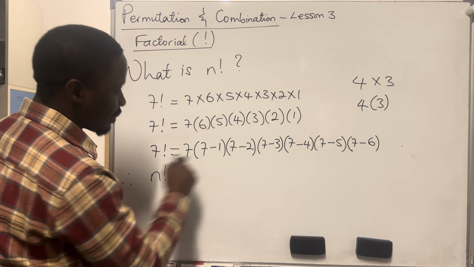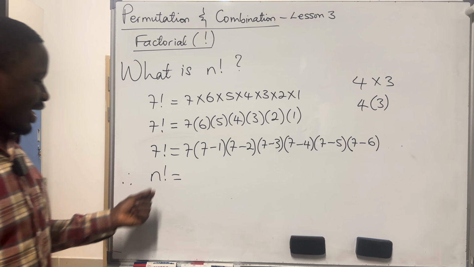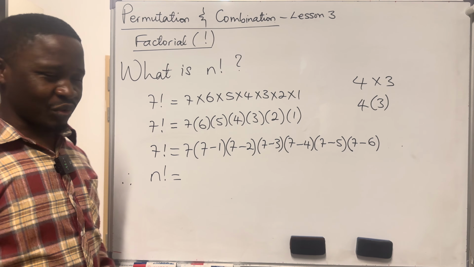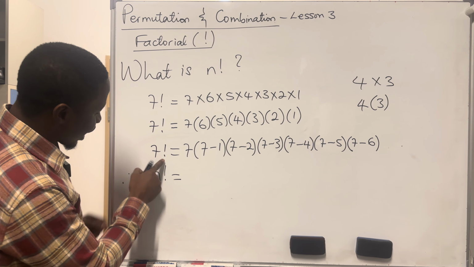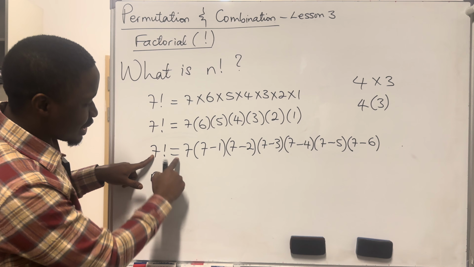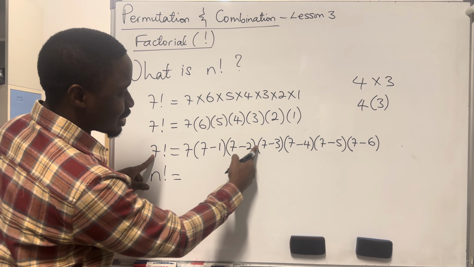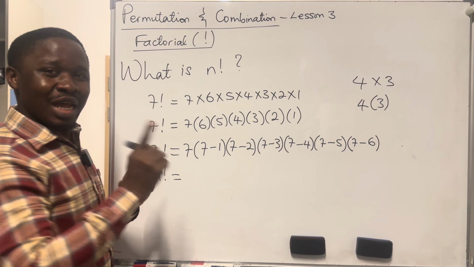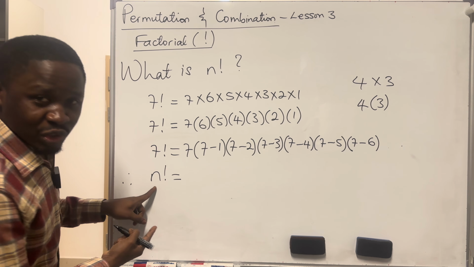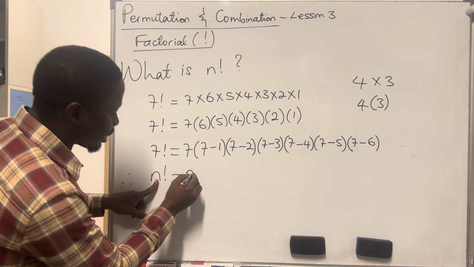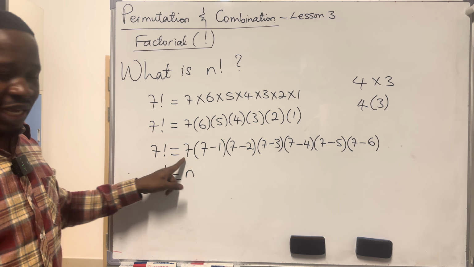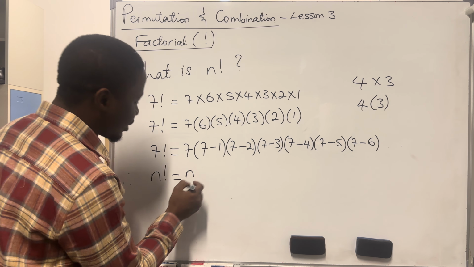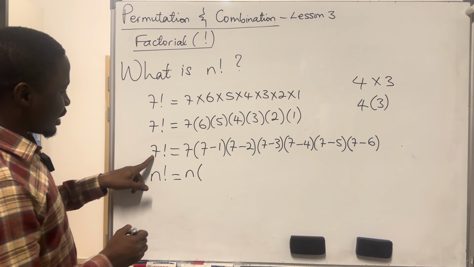Now it is time to write n factorial. Let us see the logic here. 7 factorial, 7 starts everywhere. So that simply tells you that for n factorial, n is outside. 7 factorial, 7 outside. N factorial, n outside. In the bracket, this 7 starts.